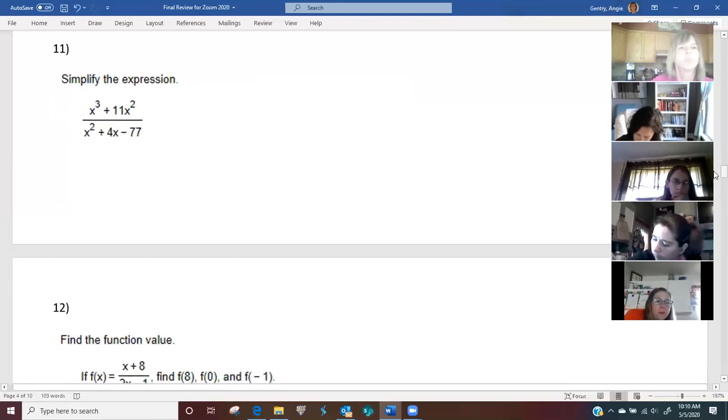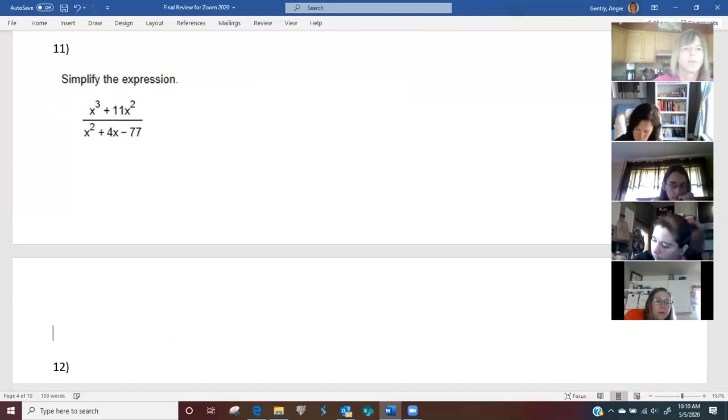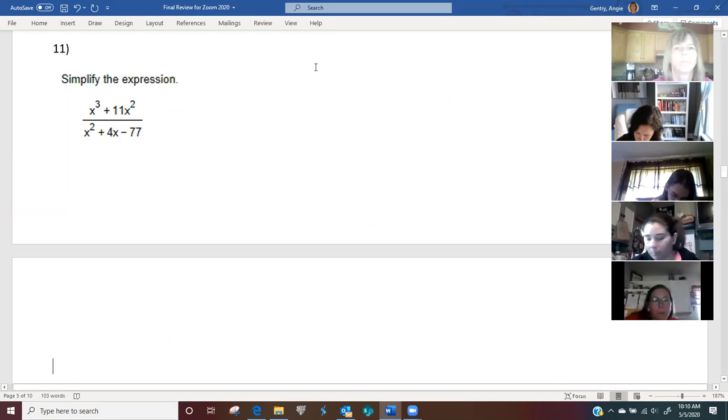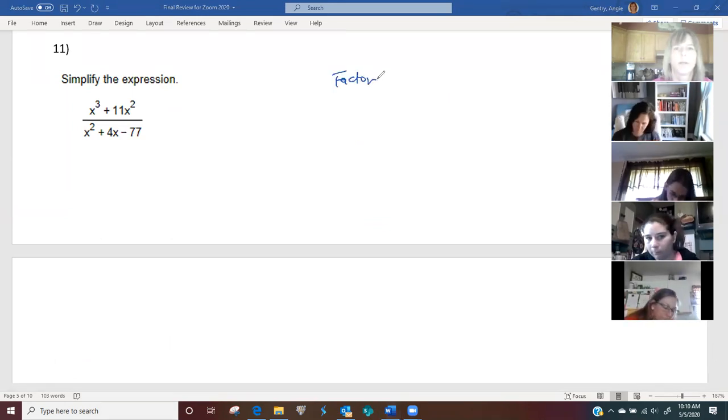Simplify the expression. So this is where I say, beginning of chapter 7, you have a numerator, you have a denominator: factor, factor, cancel, cancel. If you can't factor right now, then you're toast, because you can't do any of this stuff.